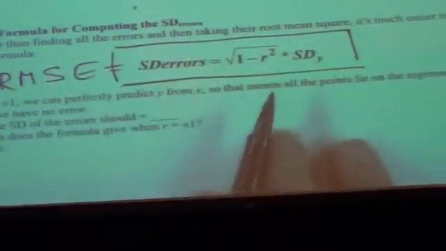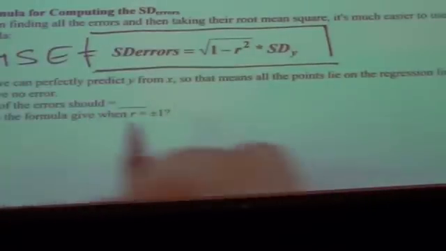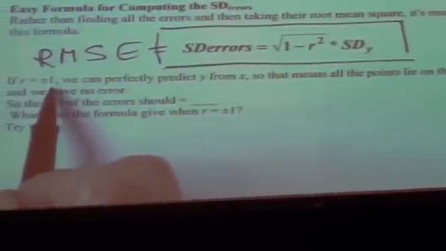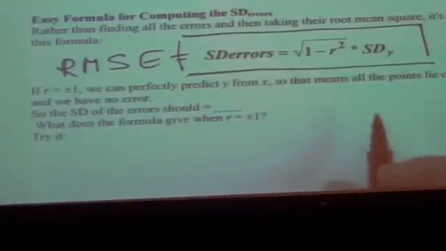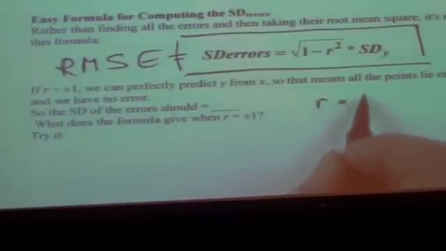So let's look at this. And I think you'll remember it better if you understand sort of how it works in two extreme cases. It's always useful to do two extreme cases. One extreme case is when r is 1 or negative 1. When r is 1 or negative 1, what does r equal 1 look like?